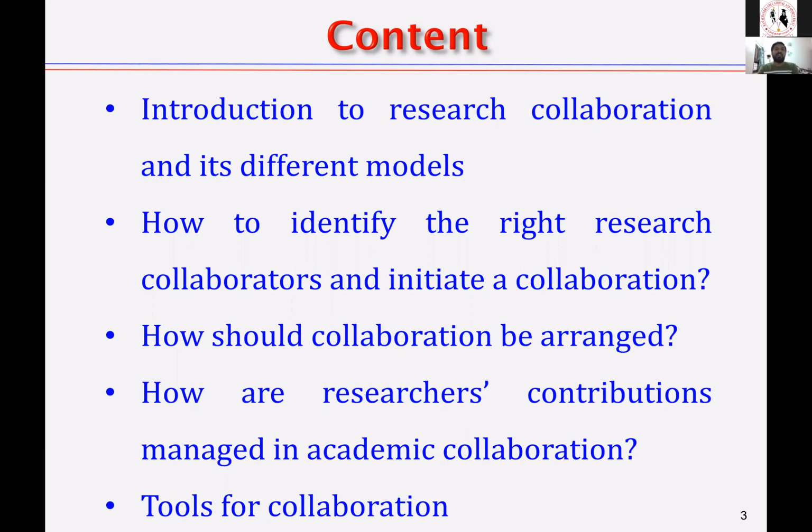Often we have a problem with the initiation, and we know that a good beginning is half done. And how should collaboration be arranged, and once it has started, how to maintain it, and how the researchers' contributions in academic collaboration will help, and are there any tools to find these collaborations, and so on.